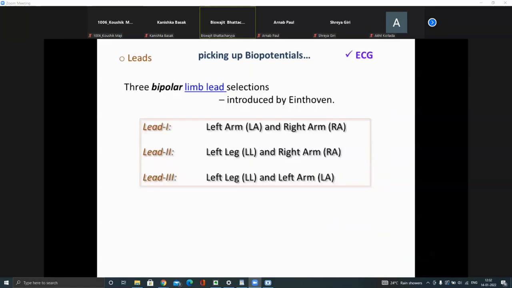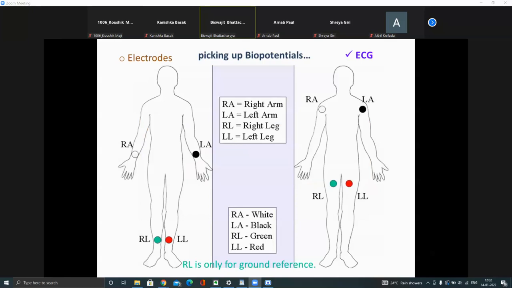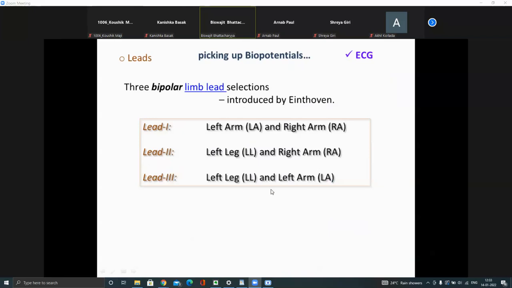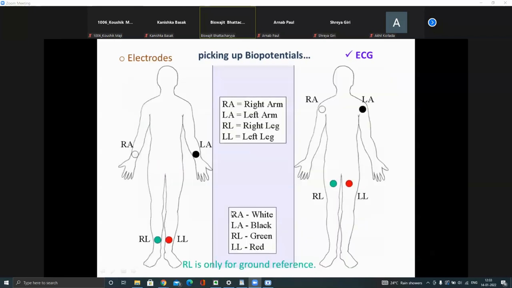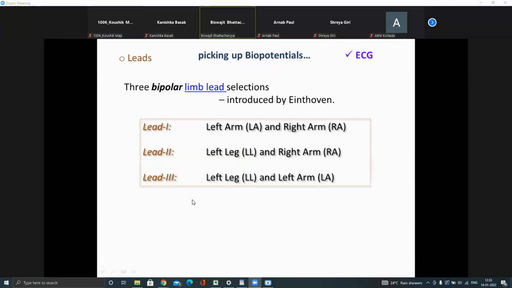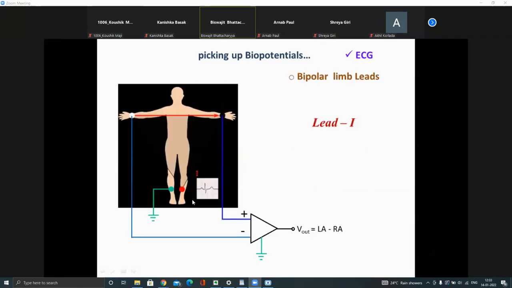Lead two is between left leg and right arm. Then the third one, lead three, is left leg and left arm. I'll show you again in another way. So first lead one.